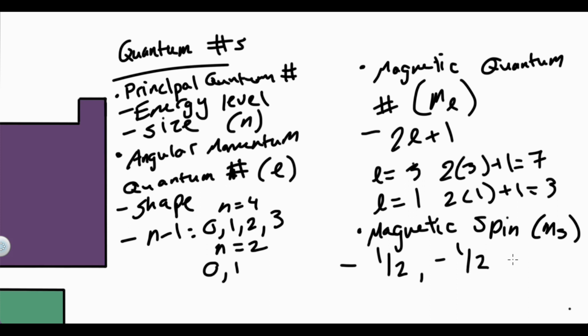That's just because there can only be two different electrons, so the positive and the negative. There can only be two different spins within a shell.